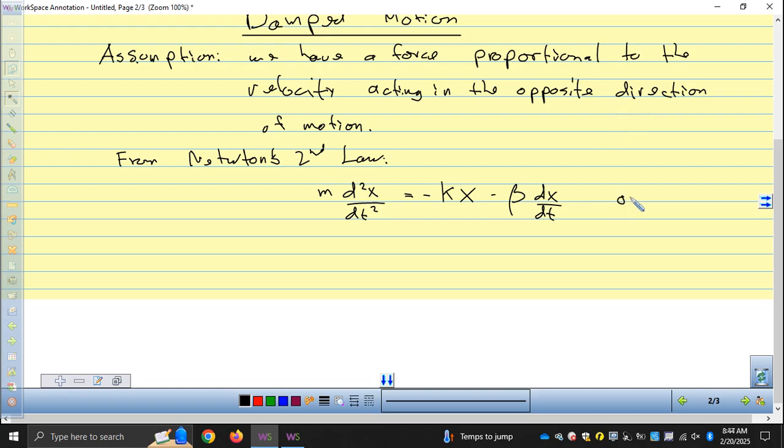Or we'll rewrite this, and I'm going to divide through by m and put everything on one side of the equation. We get d squared x dt squared plus beta over m dx dt plus k over m x equals 0.